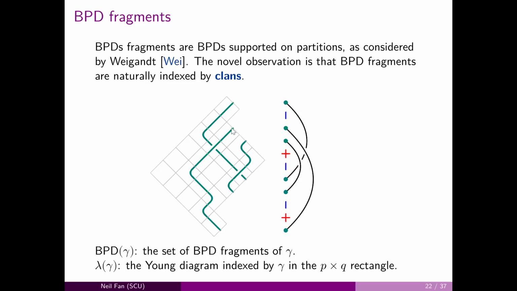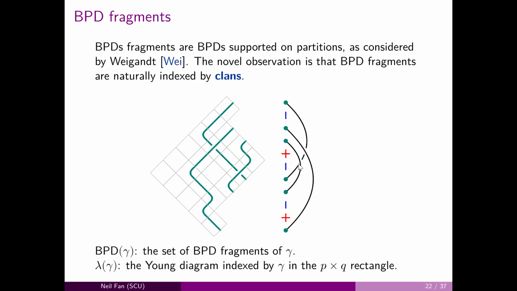For instance, there is a pipe connecting this step with this step. So we draw an arc connecting them. So it's easy to see that from each Bumpless pipe dream fragment, we can obtain a clan.